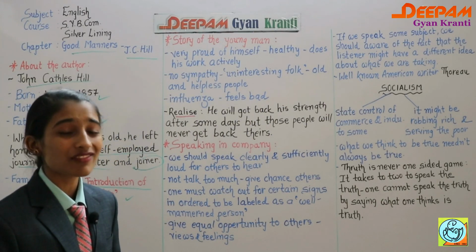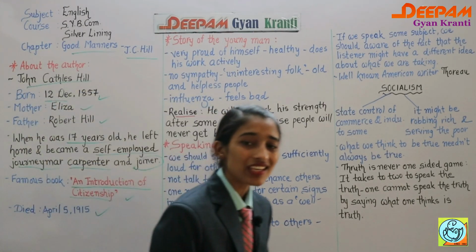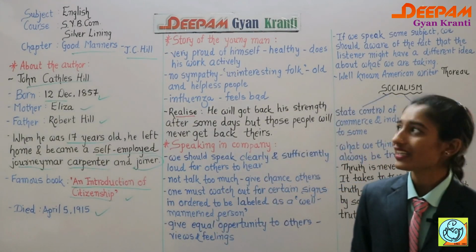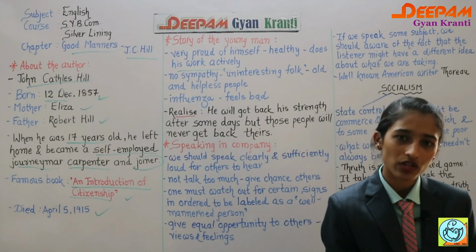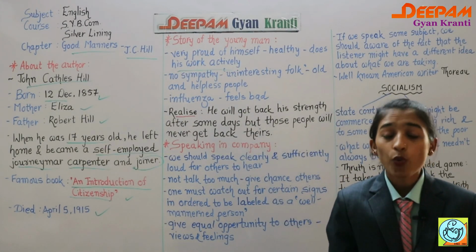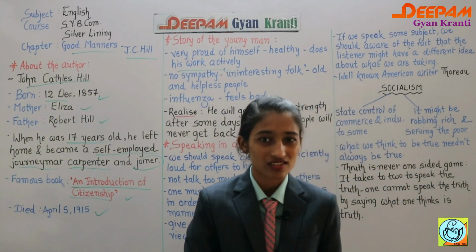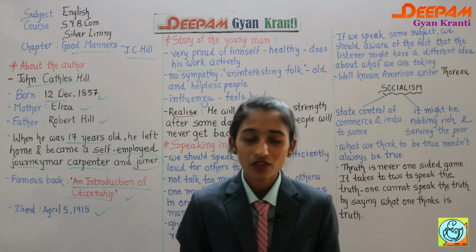That young man feels very proud of himself because he was very healthy and did his work actively. Of course, as human beings or as youngsters, we never want anyone to speak against us. We always feel proud of ourselves, and sometimes we think we are right.